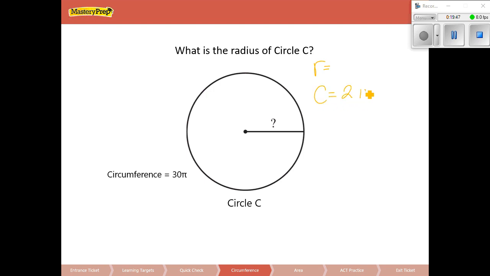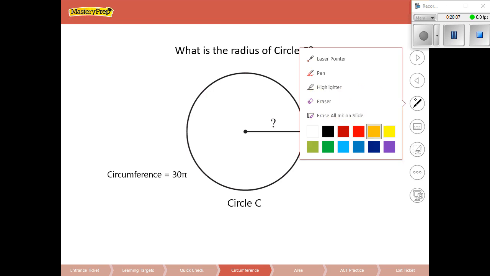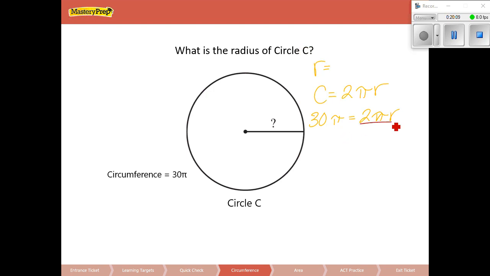Circumference is equal to 2 pi r, yes? And we want to find the radius. Well, we know the circumference is 30 pi, which is equal to 2 pi r. If I want to get the radius by itself, we can divide both sides by 2 pi.